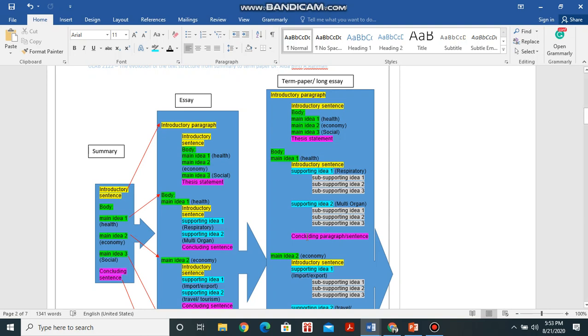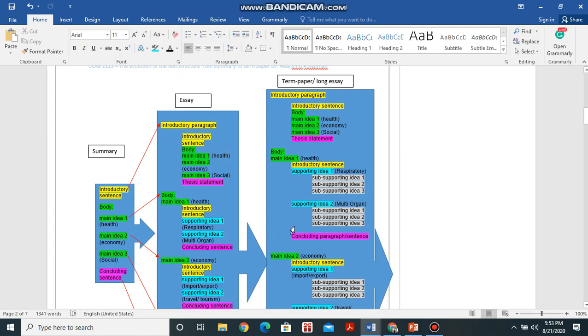Okay, and then you write the concluding paragraph or concluding sentence, meaning that you can write your conclusion to COVID-19. Remember that this is like a piece of essay already. So you can write about effects of COVID-19 on health. You can conclude them.